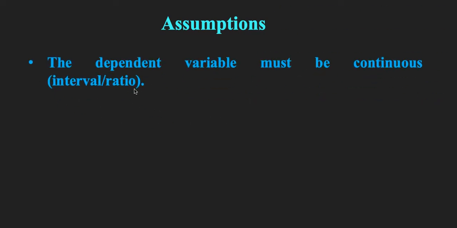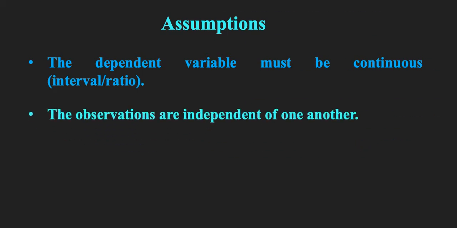Now there are certain assumptions for this test, as we had some assumptions earlier in ANOVA. If you want, you can watch my previous video. The first assumption is that the dependent variable must be continuous, either interval or ratio data. In short, we are talking about continuous data, that is, the dependent variable should be a metric variable, not a categorical variable. Then the observations are independent of one another. Observations in both groups should not be dependent.